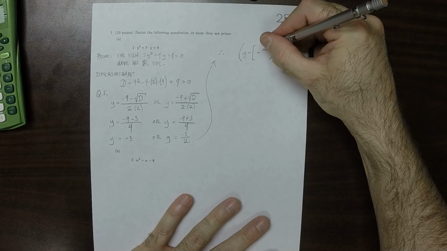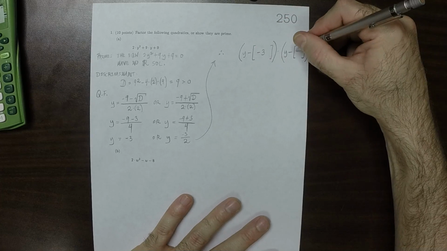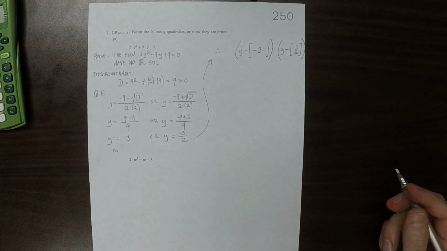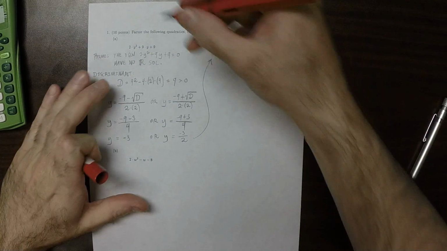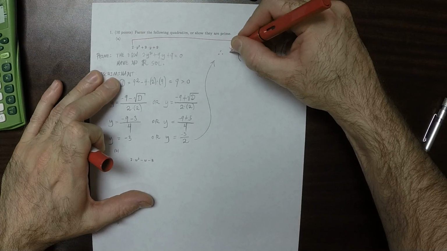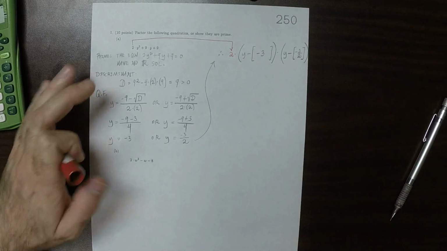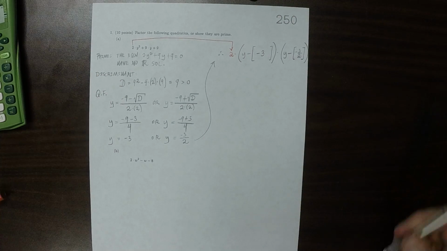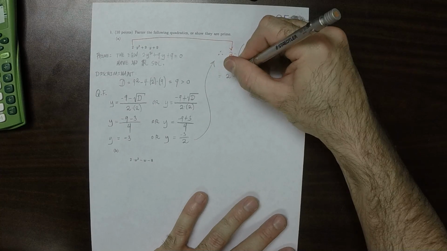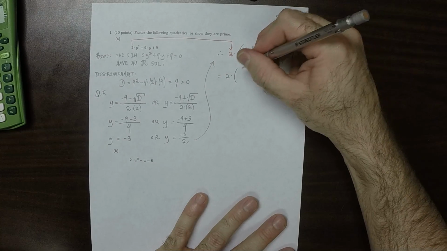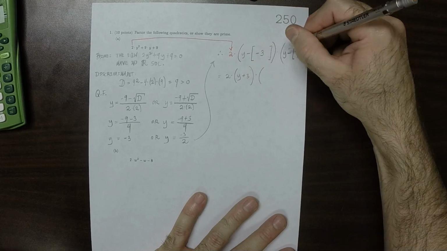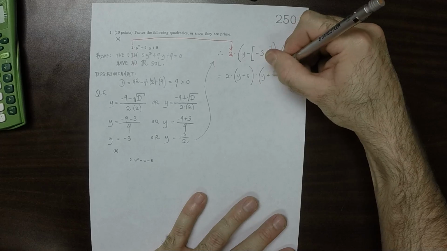So negative 3 can go in that one, and negative 3 halves can go in the other one. And then to get it right, we have to take this coefficient and put it right there, that 2. So to make it look just marginally nicer, it would look like 2 multiplied by y plus 3 multiplied by y plus 3 halves.